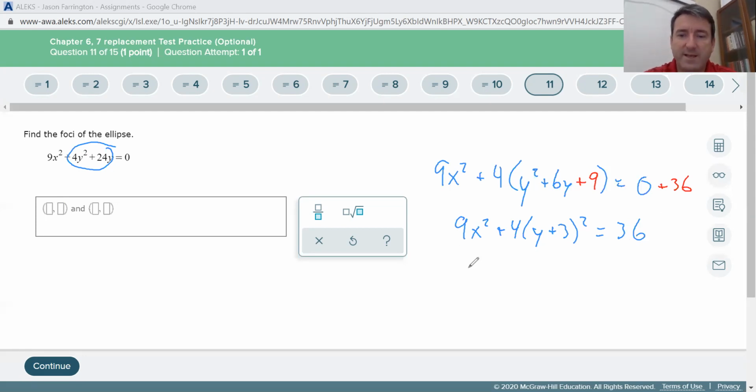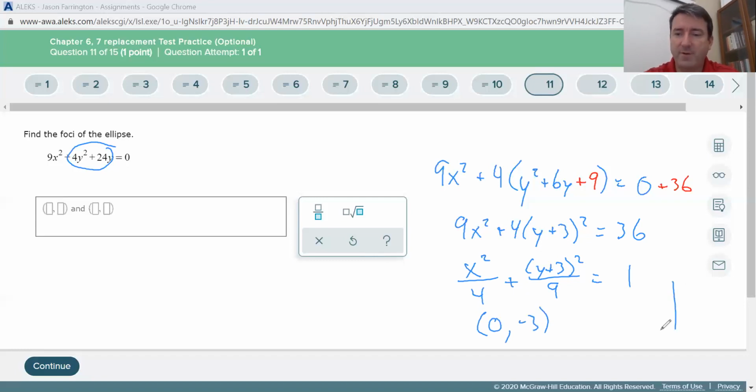So if we divide by 36, we get 9 over 36 is the same as 1 over 4, so x squared over 4, plus 4 over 36 is the same as 1 over, what would that be, 9. And that's going to be equal to 1. So there's our equation for our ellipse, which means that our center is going to be at 0, -3.